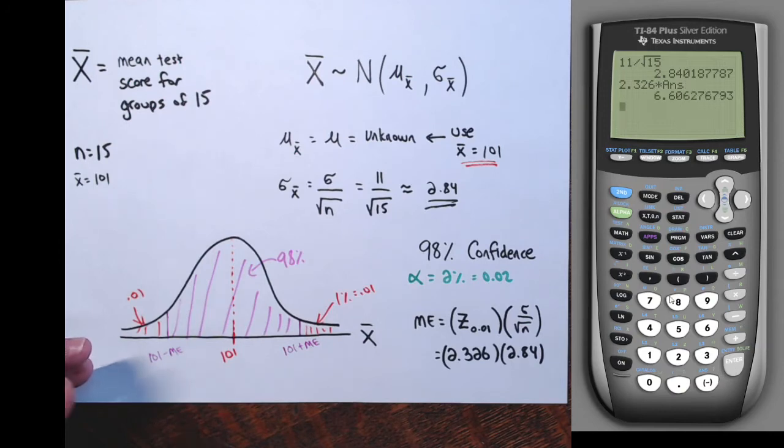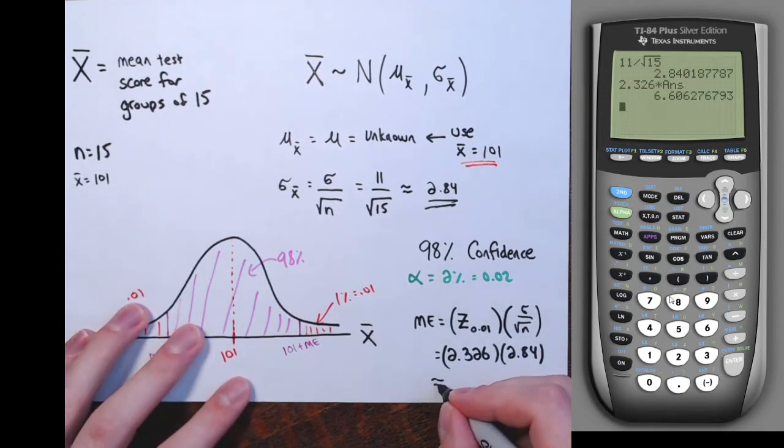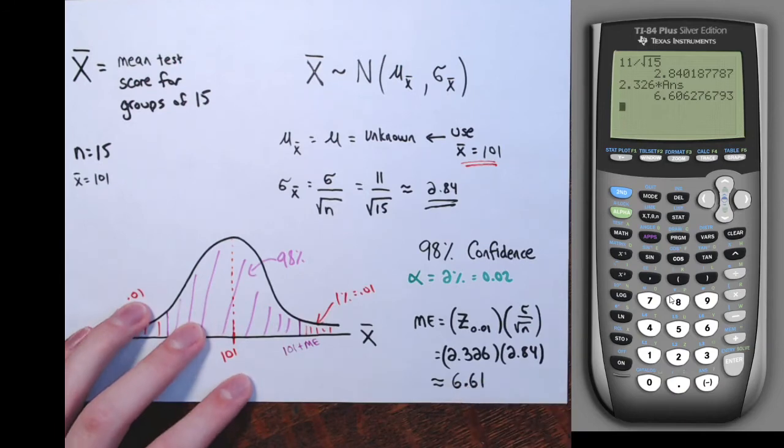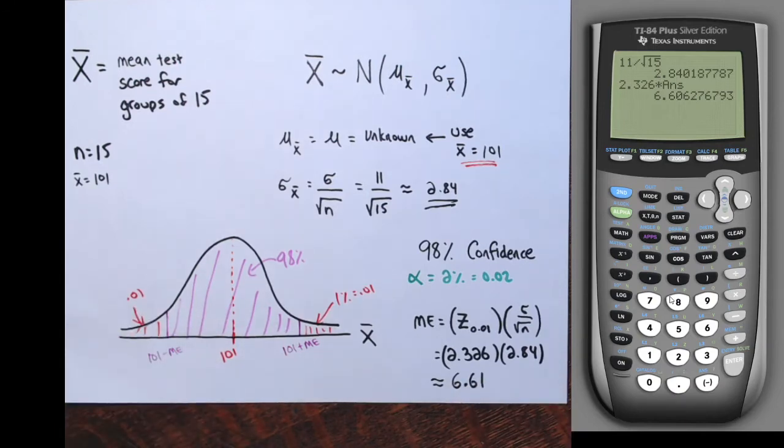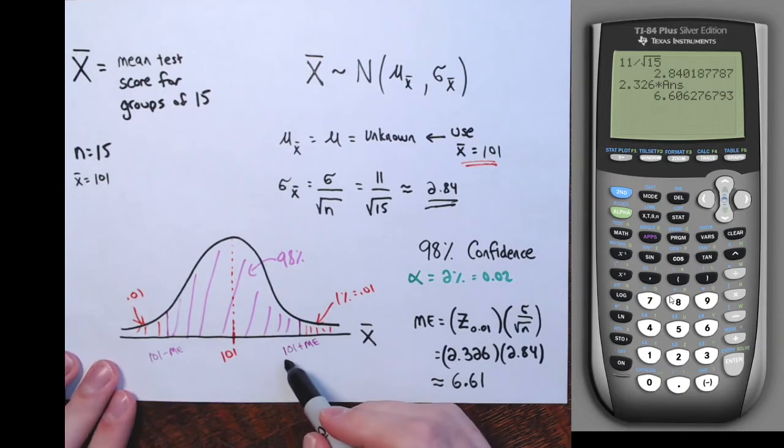And here is our margin of error, right? They want 2 decimal places, so it's approximately 6.61. So the margin of error when I'm creating this confidence interval is approximately 6.61.